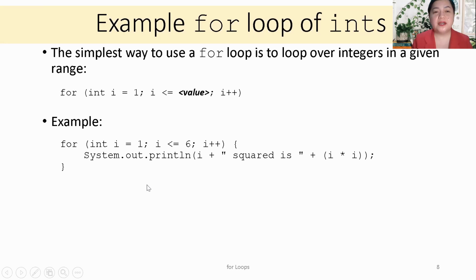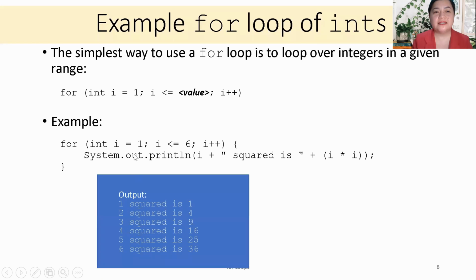For this one, the output is as simple as 1 squared is 1, which is it will compute the square of every value of your i. So our value of i goes from 1 to 6, and the increment is by 1 because of the operation that we use here, which is i++, so it will increment by 1.